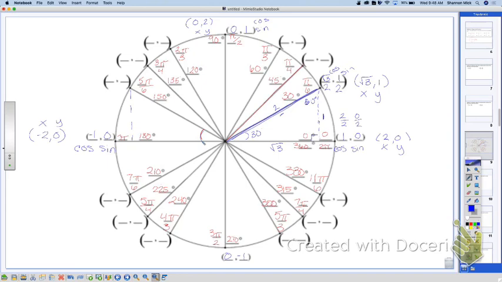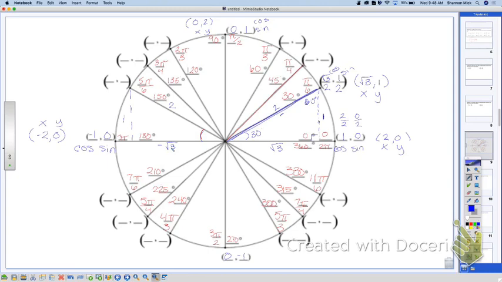So this is still 2. This is still 1. But what axis is this? It's the x, but it's the negative x. So do I have the same numbers? Yes. The x is negative because it's on the negative x-axis.